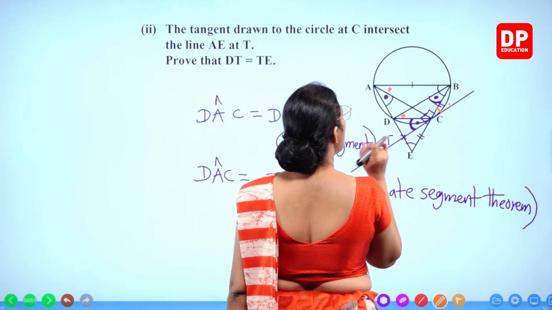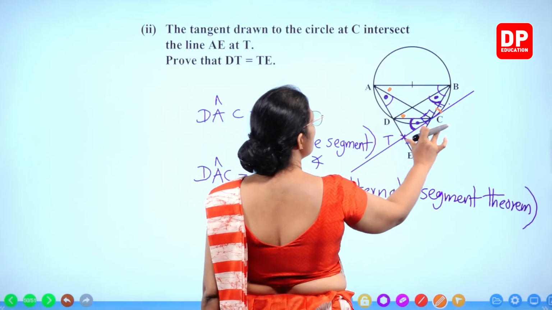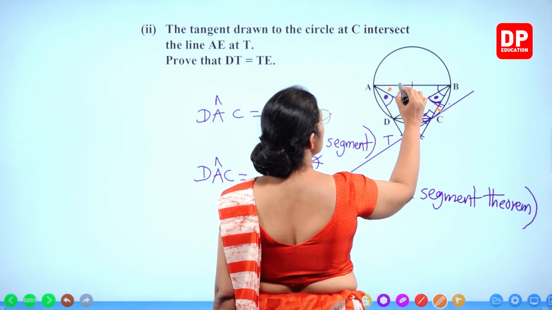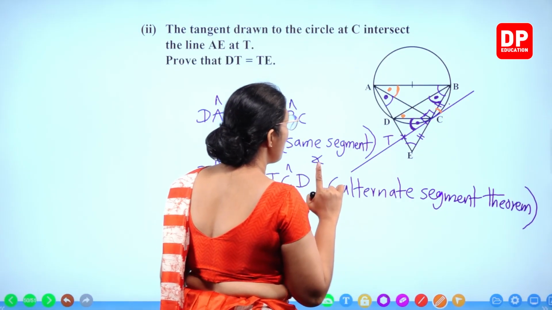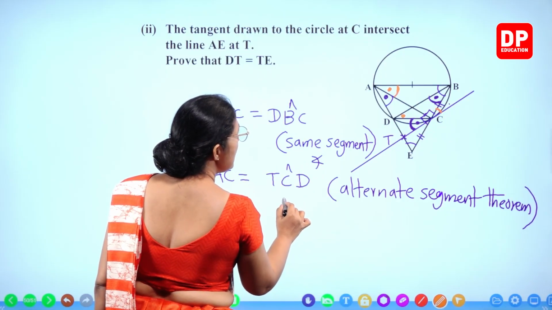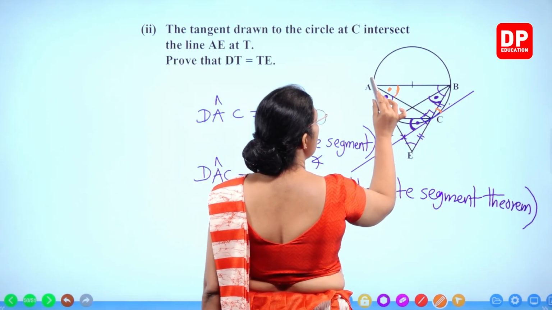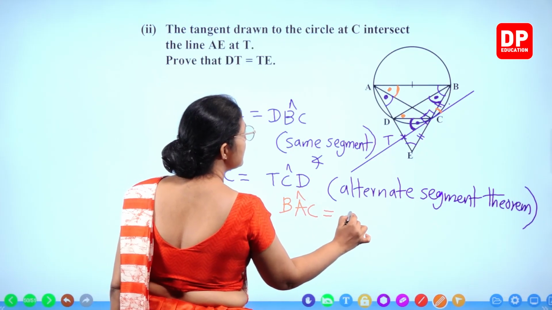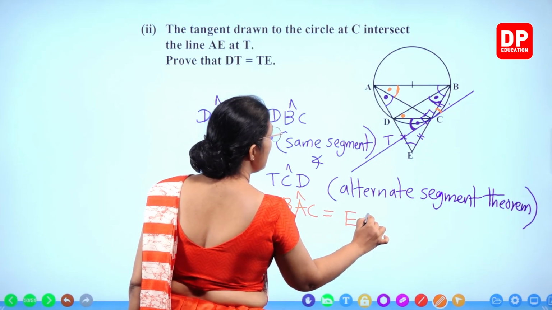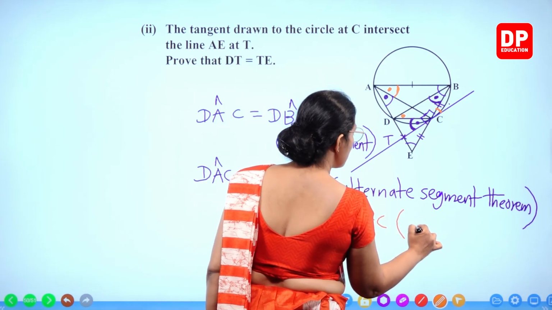These two are equal. Why? We proved in the first part that these two triangles are congruent. So corresponding angles are equal. So we can write angle BAC is the same as angle EAC because of the congruent triangles.